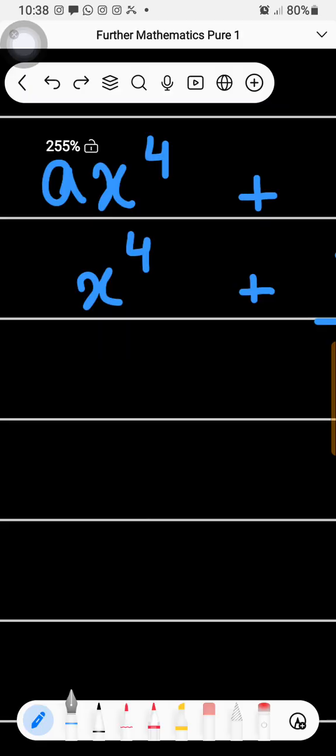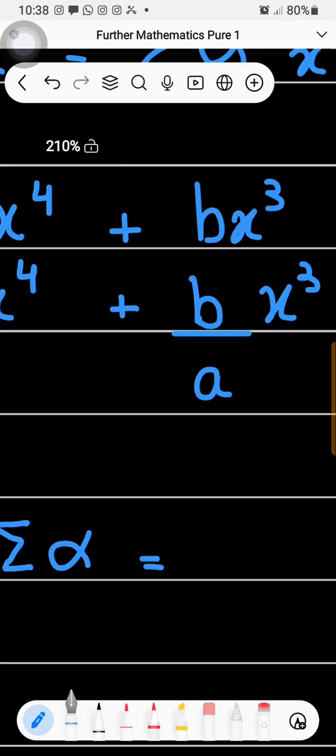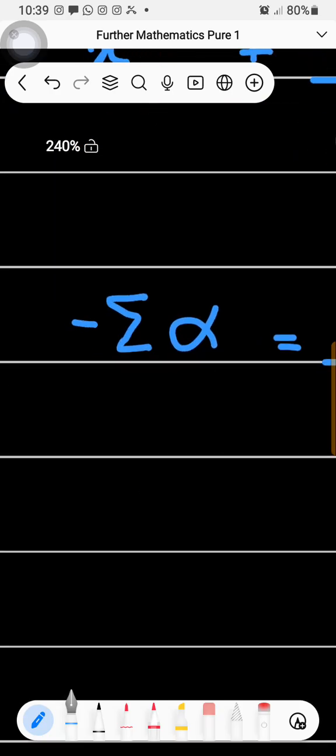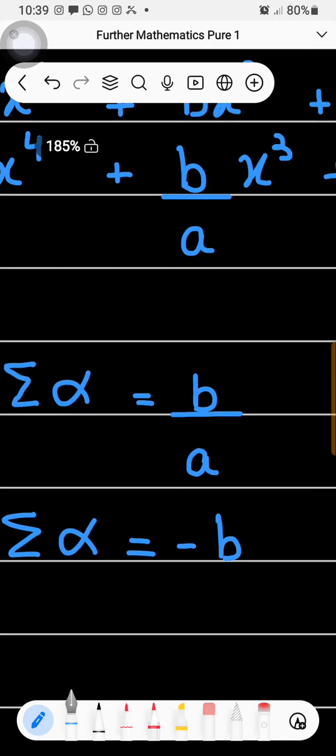I will write minus sum of alpha equal to b upon a. To get the formula, sum of alpha equal to minus b upon a. So this is our first formula.